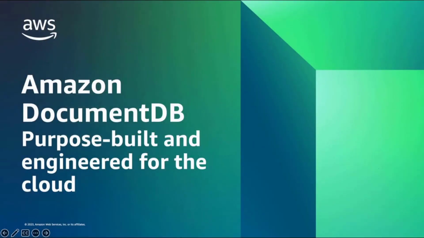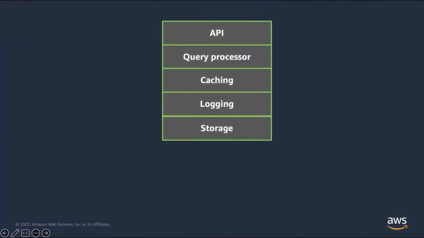So now that you have an understanding of 5 of the common challenges around scaling and managing other databases, I want to show you how we address those in DocumentDB. So here's that monolithic architecture that we saw just a few minutes ago. But when we set out to architect a cloud-native database service, we decided to decouple the compute and storage layers.